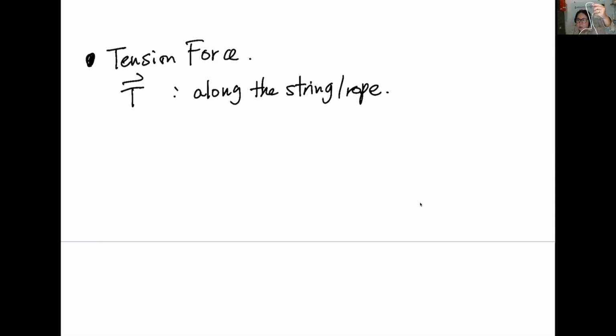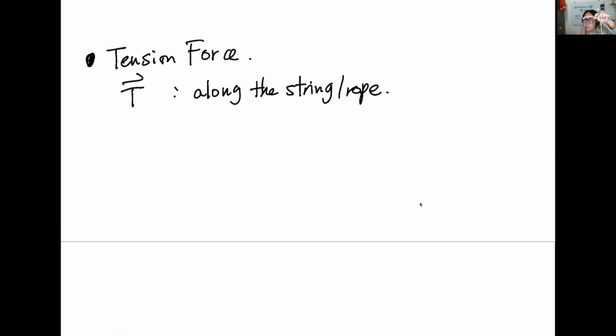So let's see here. I have a cord, and along the cord, when it's not taut, there's no tension force. But if I start pulling and pulling, there's going to be a tension force along this cable. And then I can pull harder and harder.